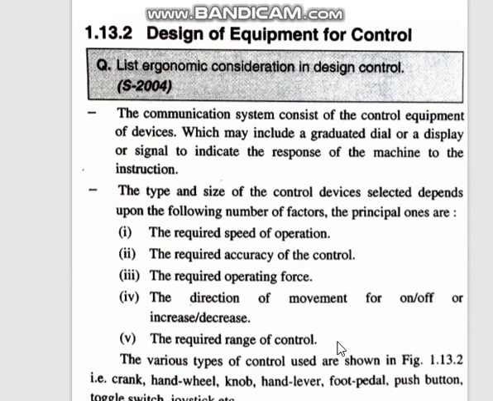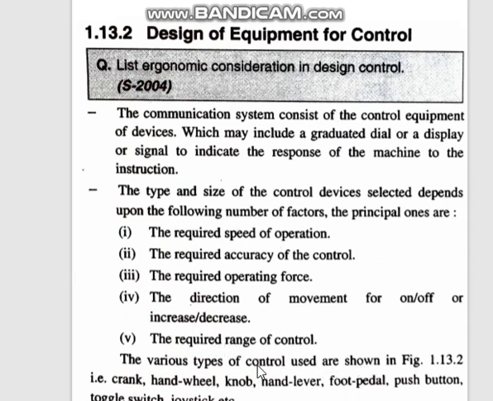You see, if you are operating an accelerator, you know in which direction if you rotate it will accelerate, in which direction you rotate it decreases. And similarly, when you are applying the brake, in which direction you press it will be applied, in which direction you move it, it will release the brake, you know it. Okay, the required range of control, how much control you can give.